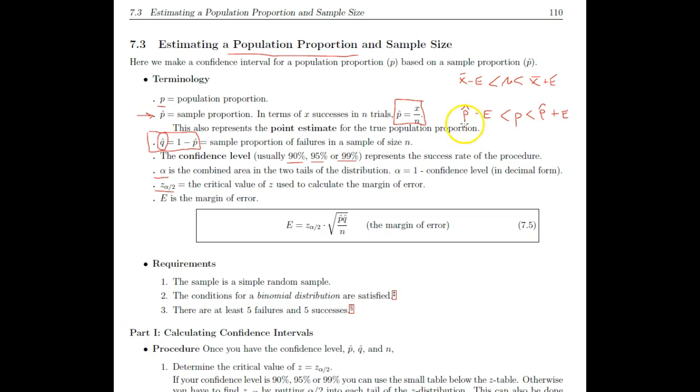And P hat is pretty easy to find. Sometimes it'll be given to you, or you can just easily calculate it by a simple division problem. And E is now the thing that we have to calculate, and E is given by this formula right here. That's going to be your z sub alpha over 2, which corresponds to some confidence level, times the square root of P hat times Q hat over n.